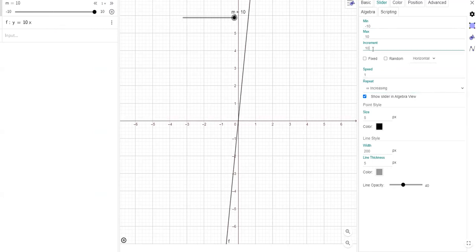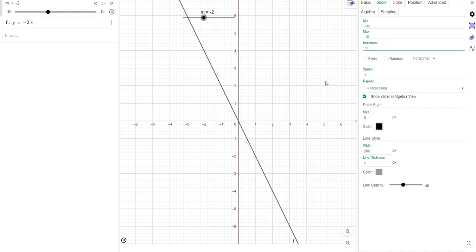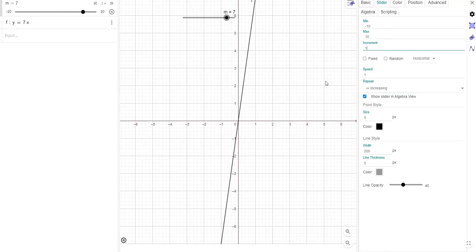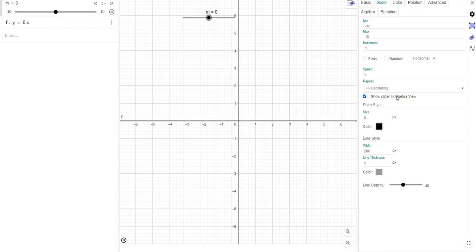You are seeing how the angle is changing. Now I'll plot the angle also. I'll stop this.